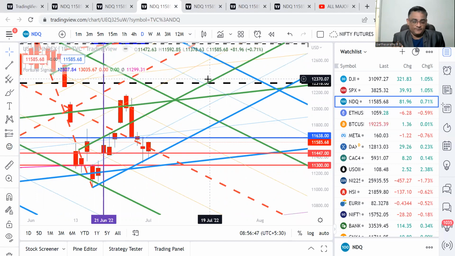Always remember this: after the Jan month low, if any two consecutive months close below the Jan month low, the possibility of making a bottom will happen only in the month of December. This can be applicable in any indices. This is a thumb rule.